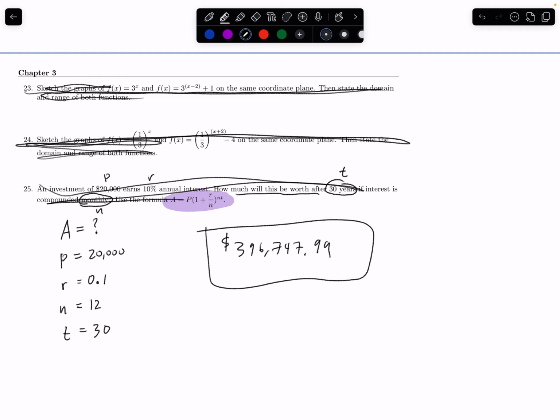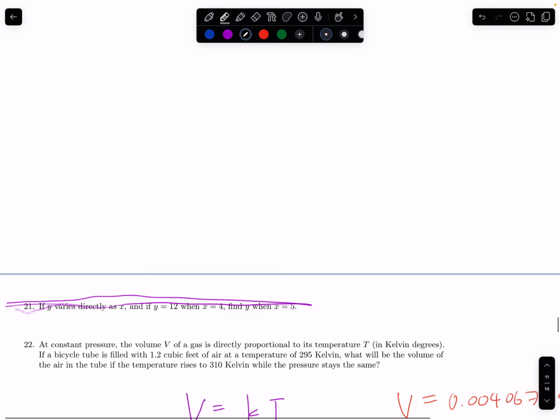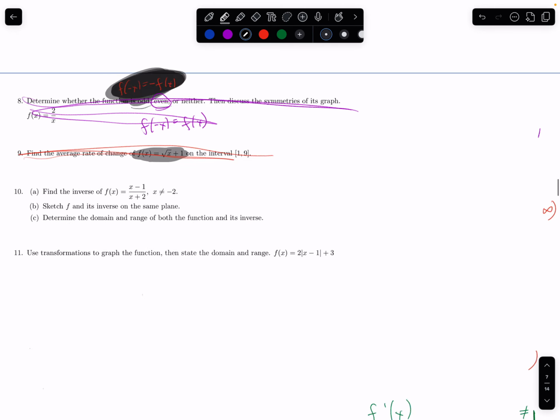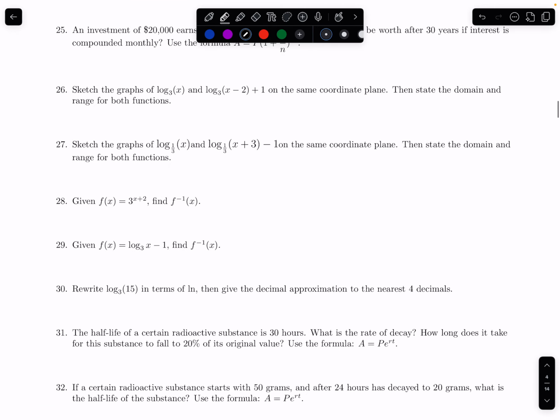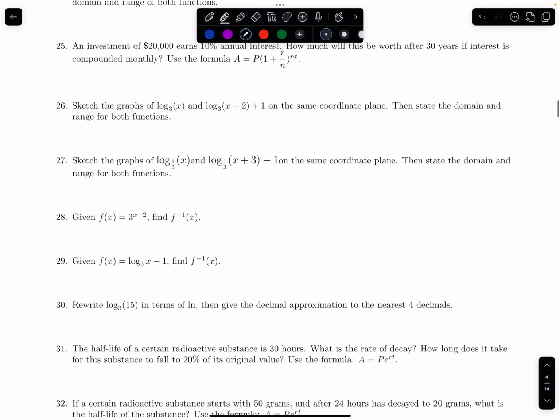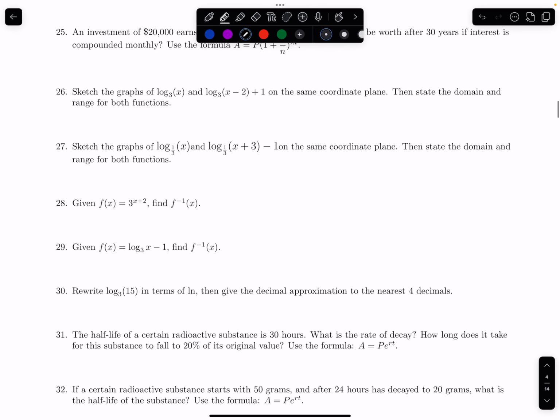25 done. Okay, how are we looking? I think we can do at least one more. Maybe even 2. Let's see, where were we? Okay, so we finished through 25. Let's see, 26, 27. Two more graphing questions.